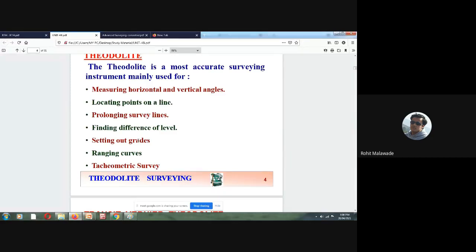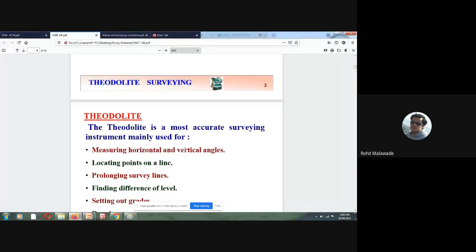If I want to do any of these, or find the difference in level between two points, range the curve, or carry out a tachometric survey, I will be using this theodolite instrument. All these are nothing but the different uses of the theodolite.